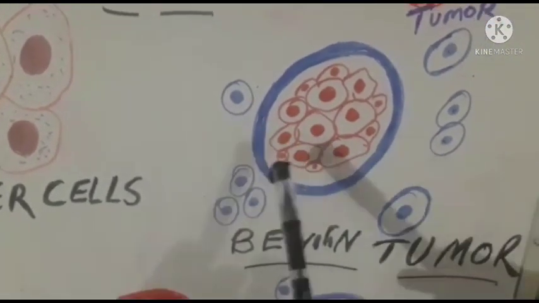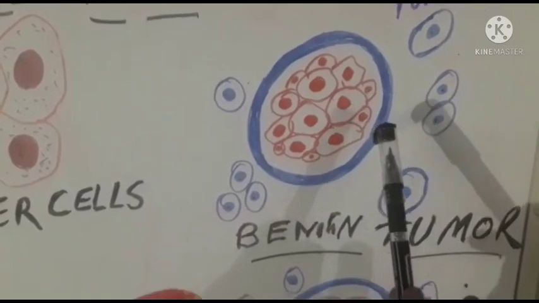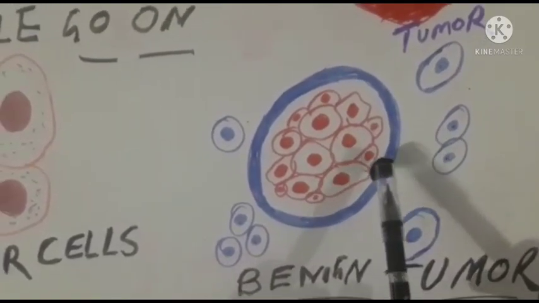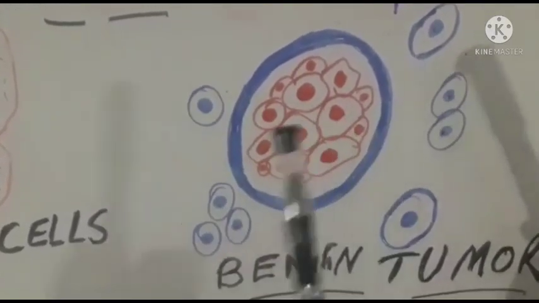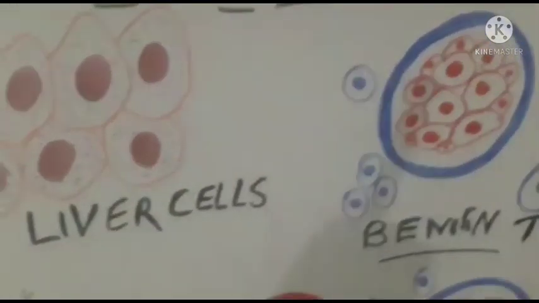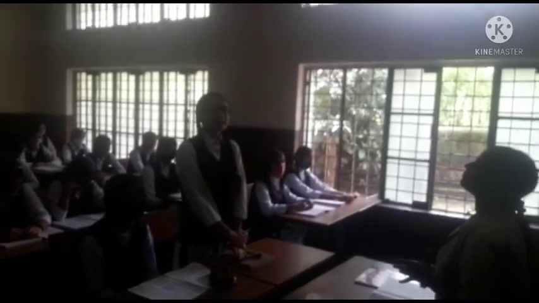These are non-cancerous, they cannot spread. Can the cell cycle go on endlessly? No, at some places it stops permanently, at some places it stops temporarily, and at others it is still needed.